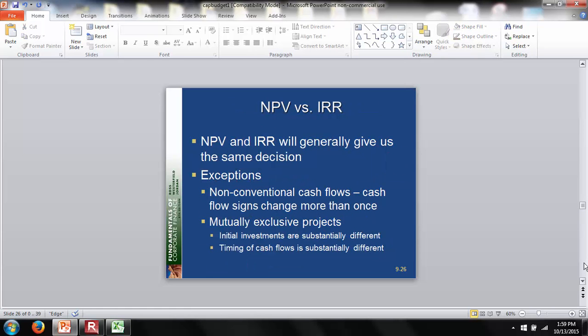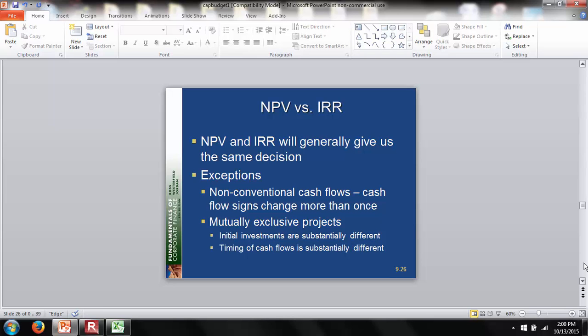Now, how do we compare the NPV with the IRR? So NPV and IRR will generally give us the same decision. Now, we want to talk about the cases where the IRR might not give you the right answer. So the two cases where you might have difficulty is when you have non-conventional cash flows. So what is a non-conventional cash flow? A non-conventional cash flow means that the cash flows change sign more than once.